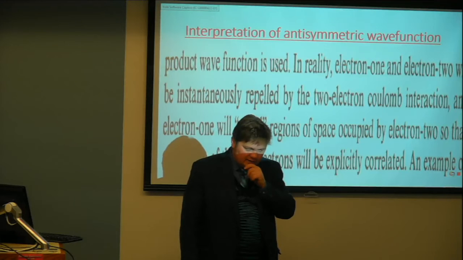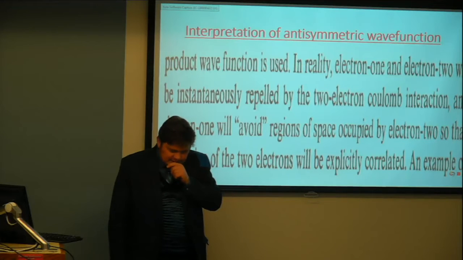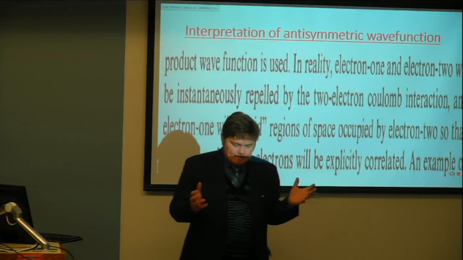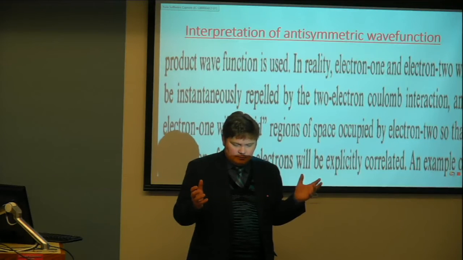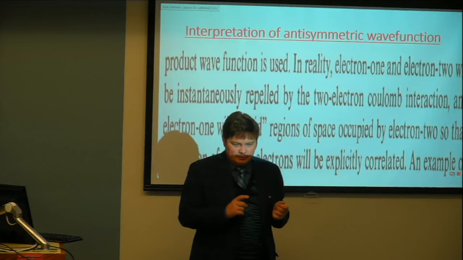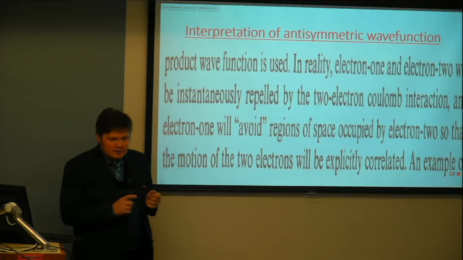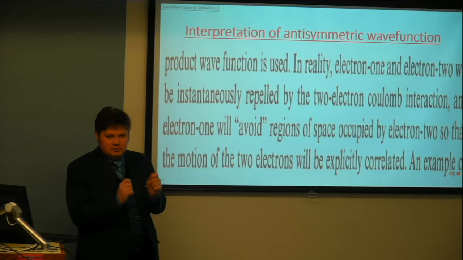It goes after the joke about potatoes and peppers. So, consider a system like a helium atom or H2 molecule with 2 electrons, and consider that we are trying to represent the wave function as a product of single electron wave functions, and consider whether it is legitimate or not.